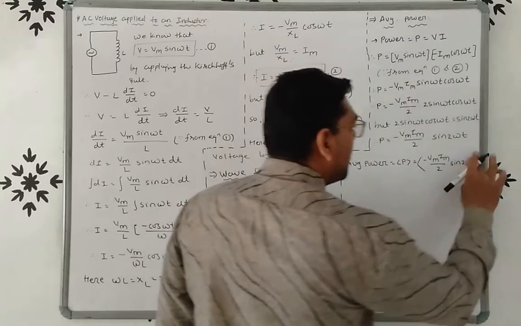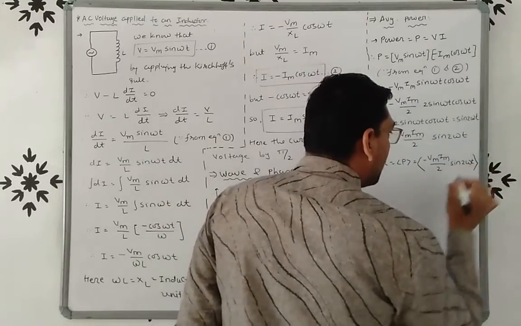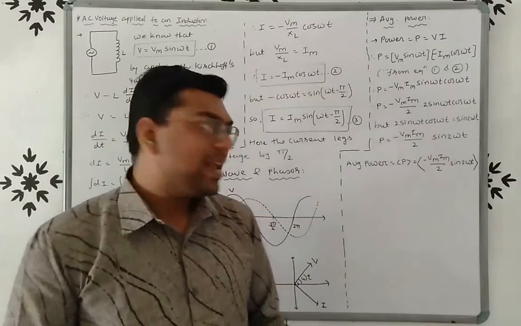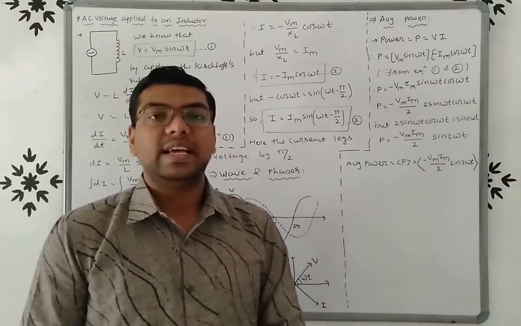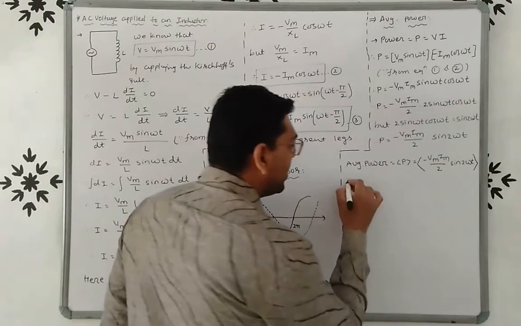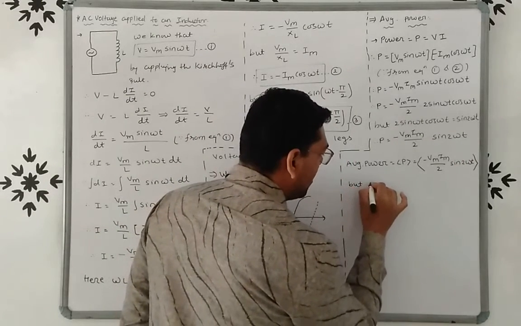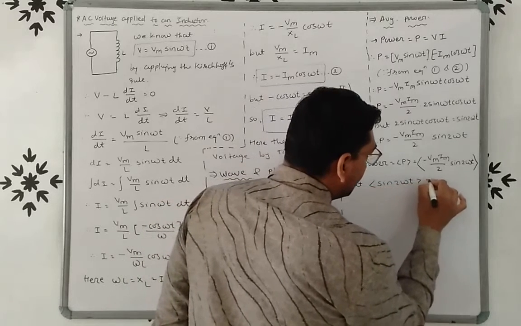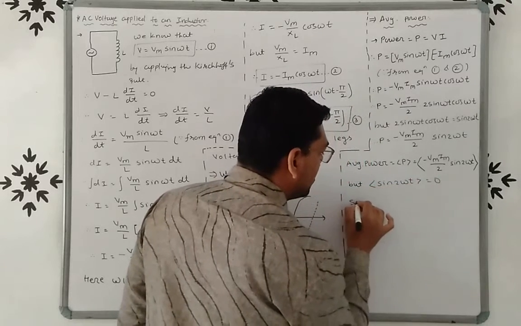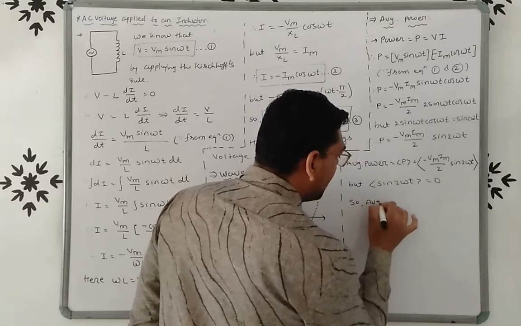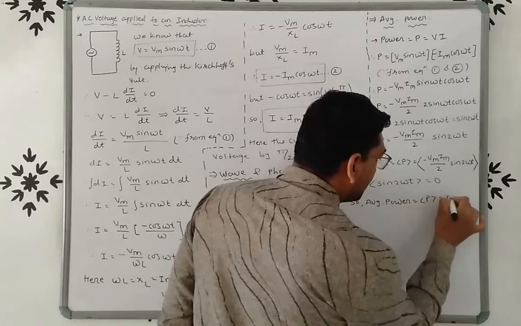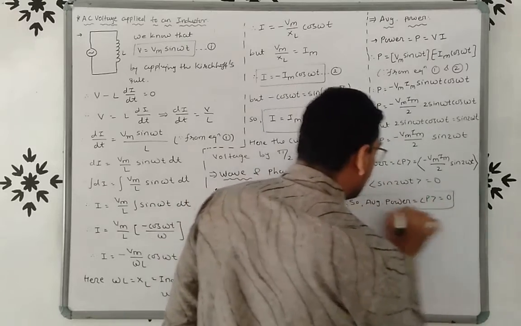But friends, you have to remember that the average value of sin 2 omega t is 0. So the average power P is equal to 0, right?